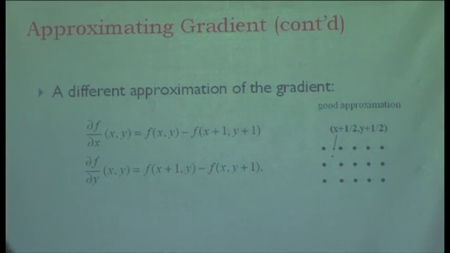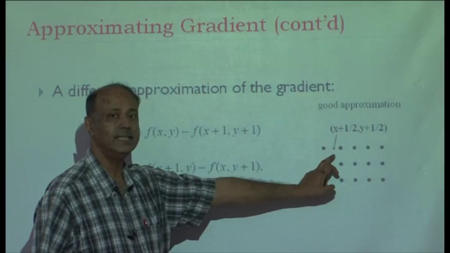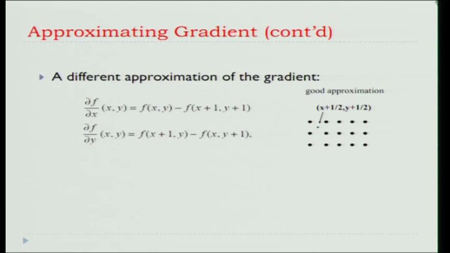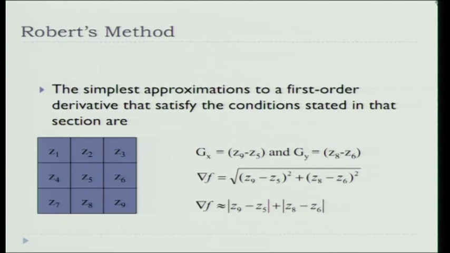So that will give you the change in the intensity here. Is it okay? That is known as a bidirectional approximation.